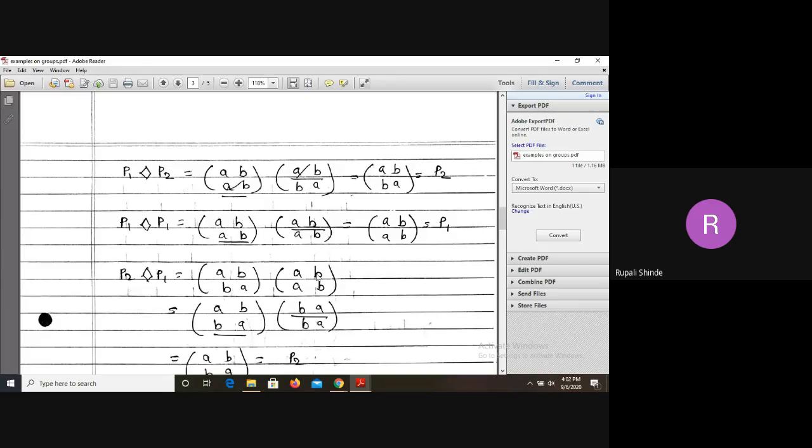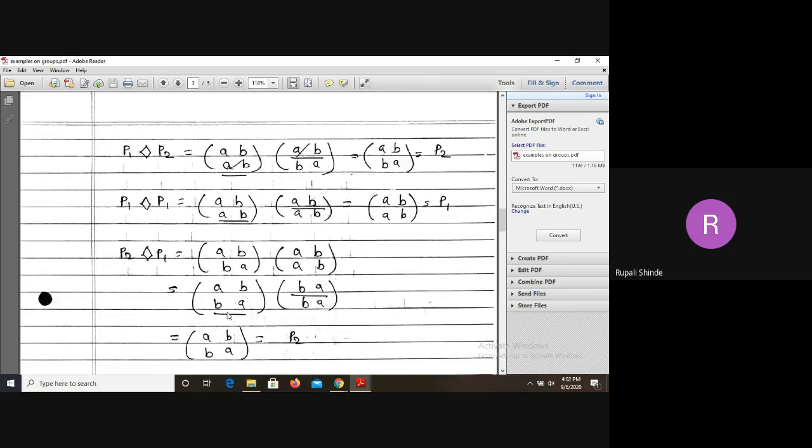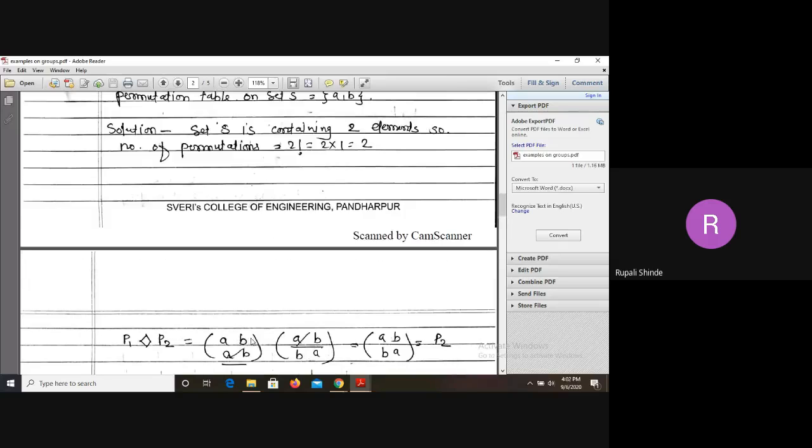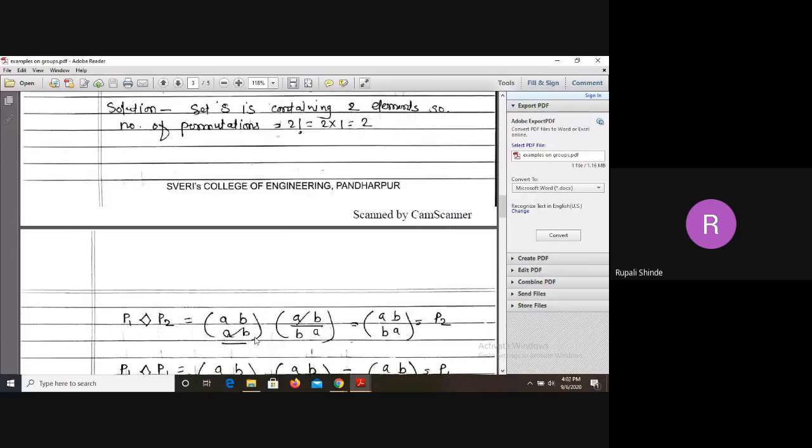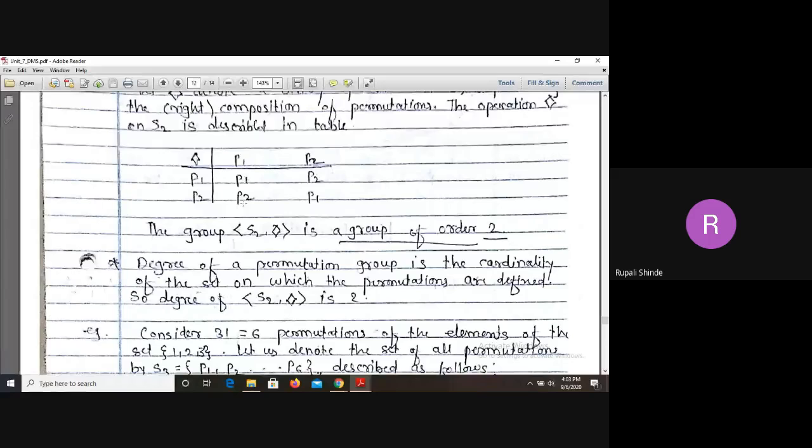We can interchange the columns, so AB will be converted into BA. So BA, BA. We have interchanged columns in order to make this AB into BA. Now the second and third element are the same, so we can cancel it. After cancelling, we get AB, BA, and this is the value for P2.